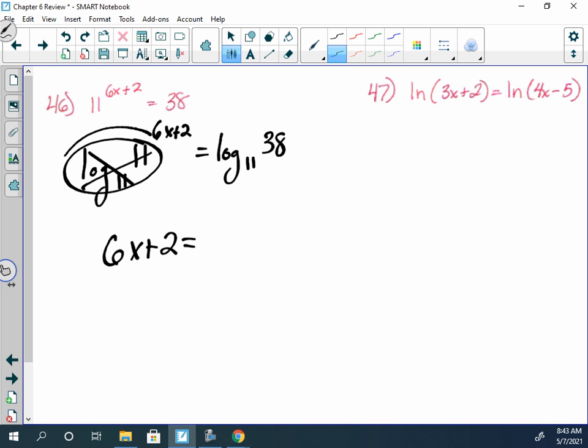And the real reason it cancels out is we move that exponent out front, and log base 11 of 11 is 1. So it just leaves us with 6x plus 2 is equal to log base 11 of 38. And when you're typing it in the calculator, make sure that 38 is in parentheses. Because otherwise, if we add or subtract anything, it will apply it inside.